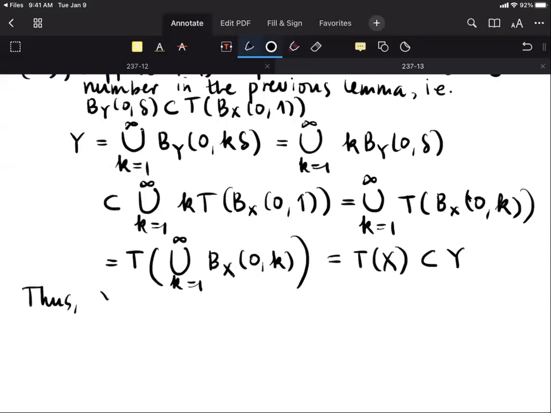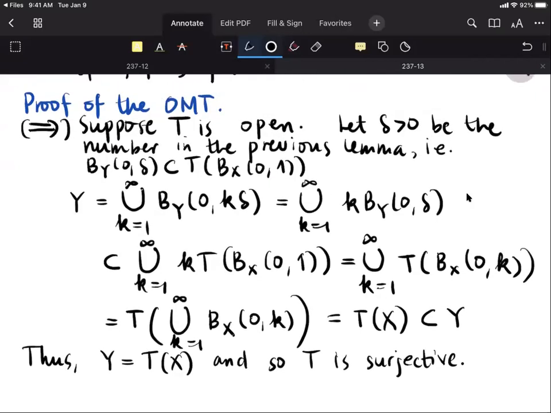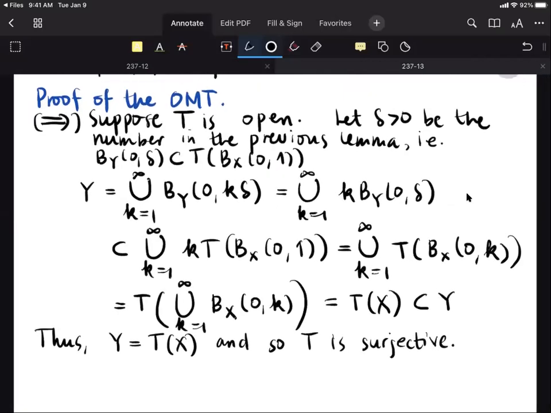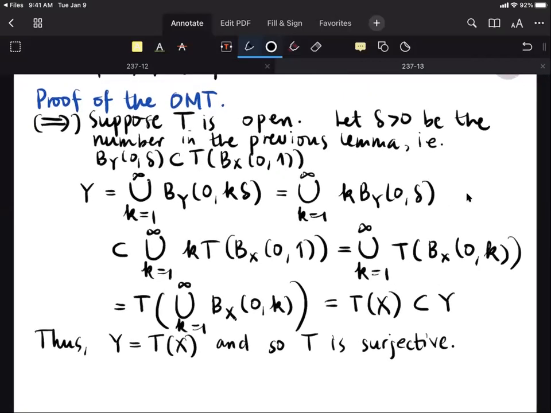Thus, all of this must be equal. And so the image of T is just the codomain. T is surjective. Okay, so for this, we have openness implying surjectivity.